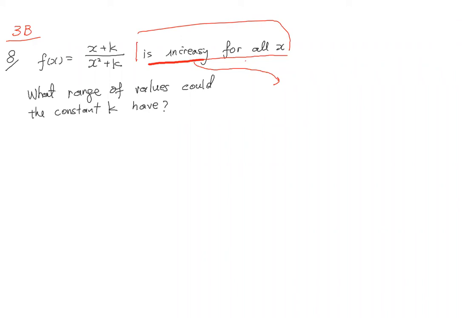For example, if I want to make bread, I want to have a factory that makes bread, I must have a bread machine, correct? So now I want to solve this problem. They give me the information of increasing for all values of x. So what must I do?